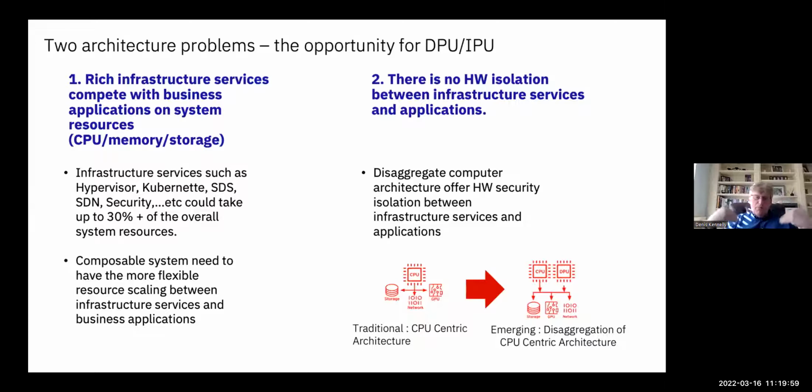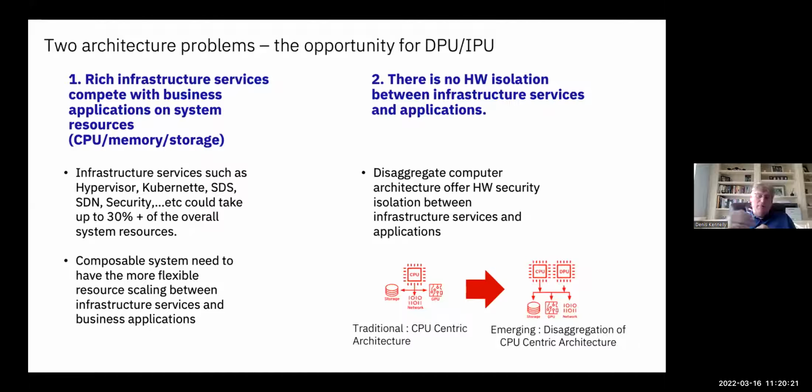So now, bringing it to the DPU, IPU world, and where we see it: I talked about that hybrid cloud platform that we're building, and a lot of capabilities in terms of requirements and the need for infrastructure to deliver.